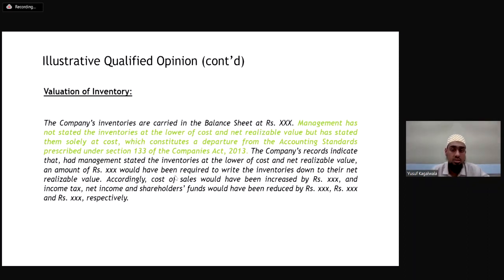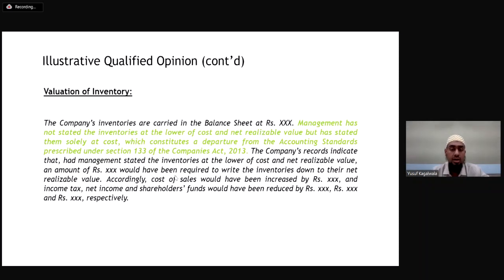So there will be multiple scenarios. Sometimes there are points which are already given by the management, and they are giving their explanation, their positive impact, and we are still qualifying. There may be a difference, so we will be qualifying. So we will give reference to the note to the financial statements and still give a qualified opinion. So we will come across that.